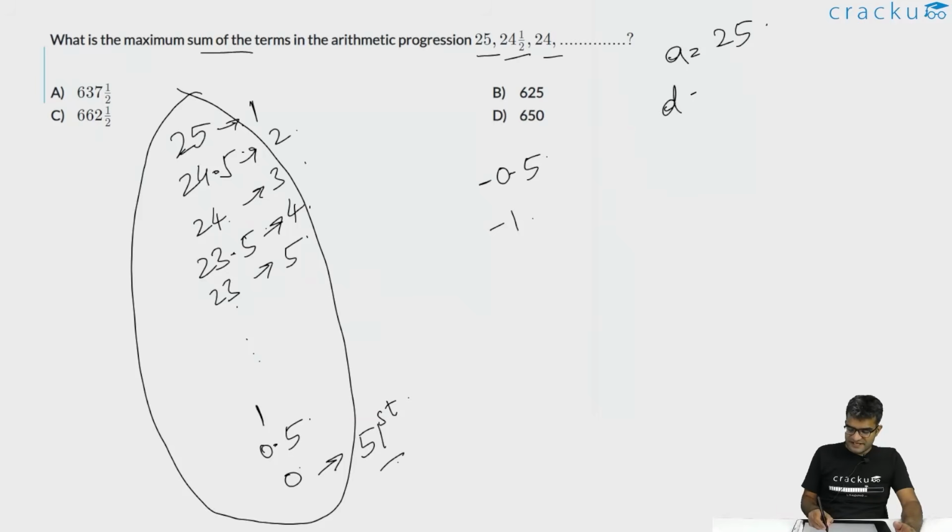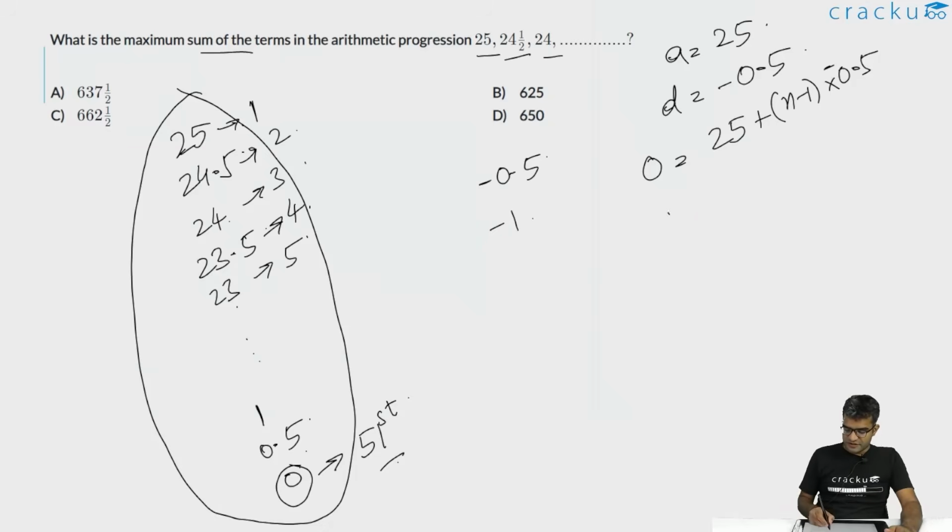The common difference D is minus 0.5 and the nth term is 0. So 0 is equal to 25 plus (n minus 1) into minus 0.5, or 0.5 into (n minus 1) is equal to 25, or the value of n will be equal to 50 plus 1 which is 51.